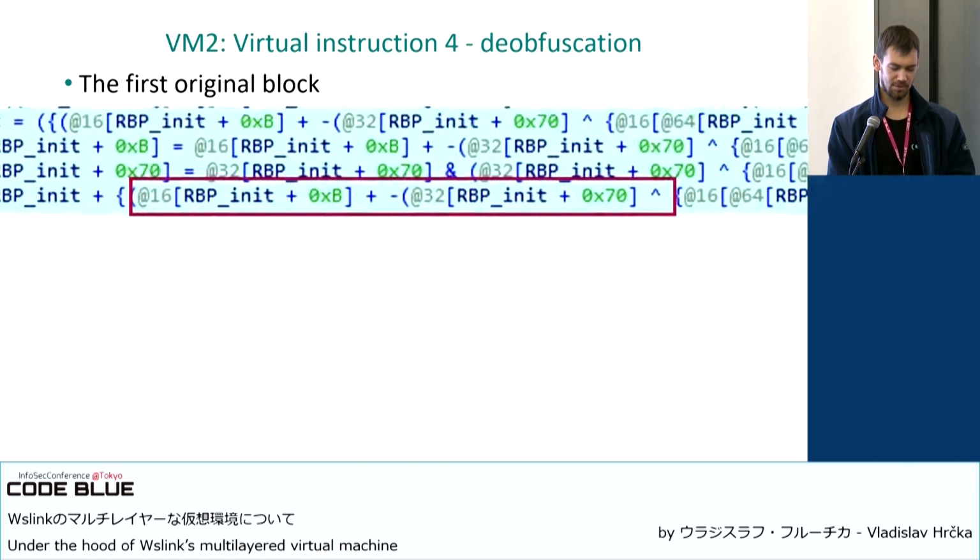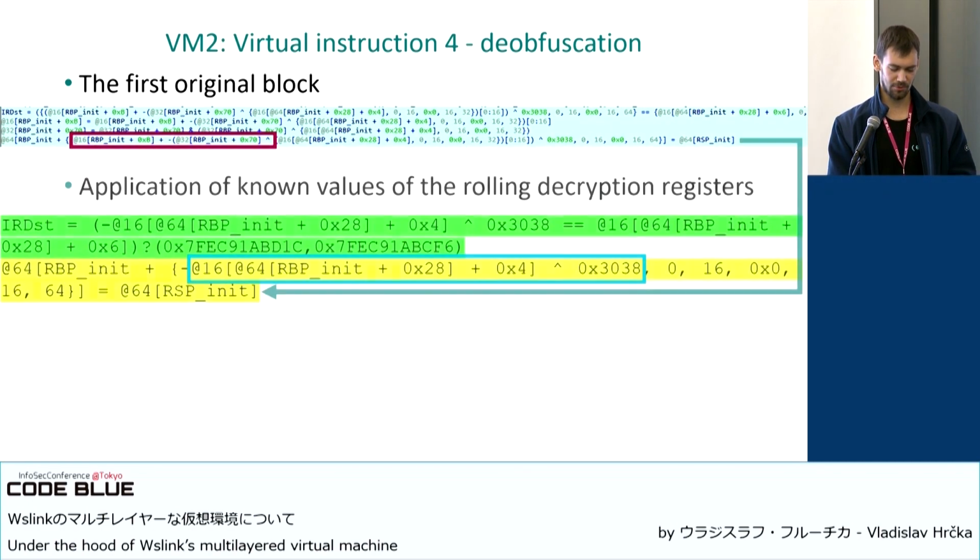Okay, so this is the first original block, and we want to apply the known values. We use symbolic execution and just tell the engine that these memory places should be these particular values, in our case 0, and after that we can see that the engine simplified it into the following form. Now we see this construct, and if we think about this, this is actually a pointer to the bytecode, so we access an operand and XOR it against a value.